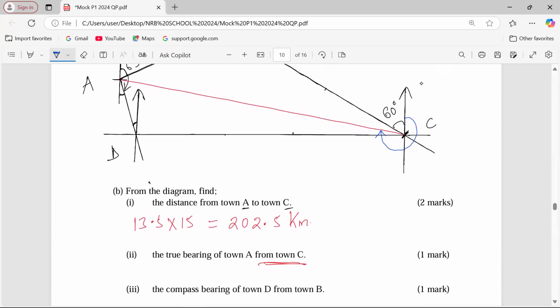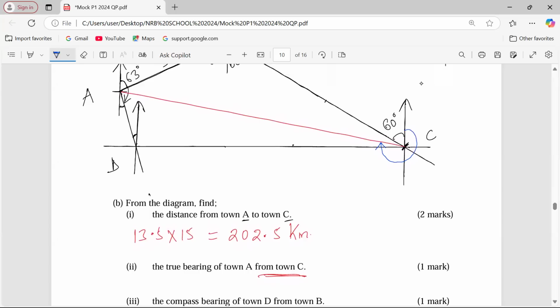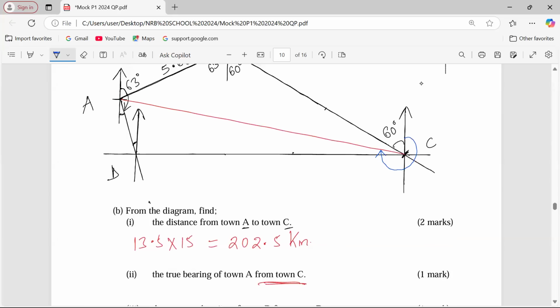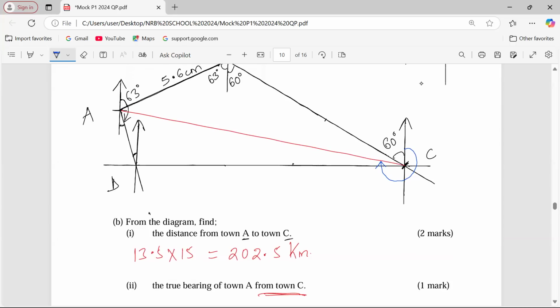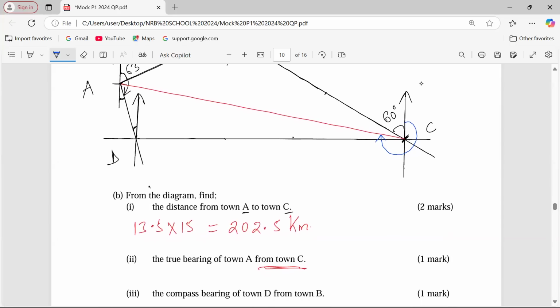So this angle is exactly going to be, let me estimate it for you in a very quick way. Around 280. Yeah, around 280. Let's say 280.